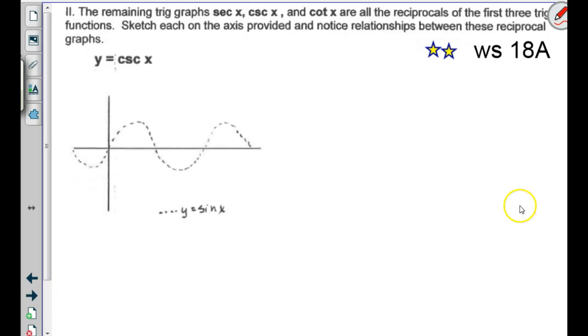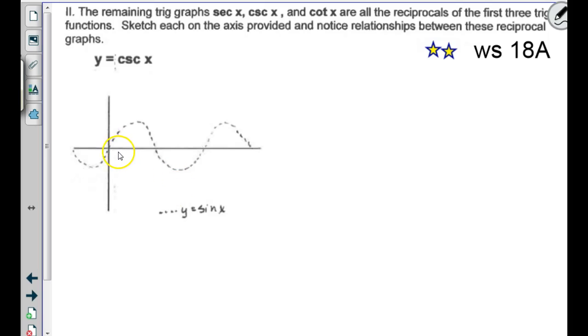All right, we're going to talk about secant and cosecant. Cosecant is the reciprocal of sine. Okay? The only way to graph it in your calculator would be 1 over and then put a giant parenthesis around a whole bunch of information about sine. 1 over the sine.